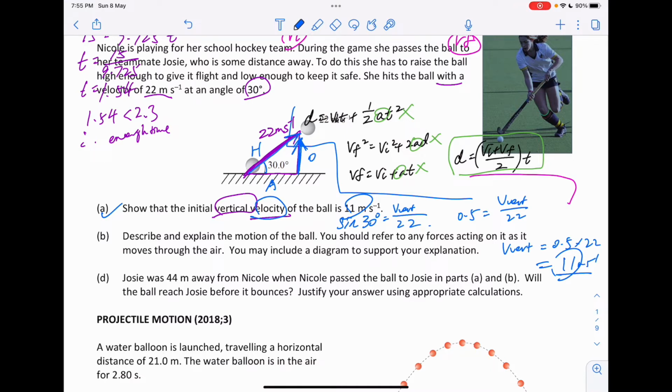So it decreases till it reaches the top of the path, and then the ball starts going downward, and the vertical velocity when it touches the ground is the same as the vertical velocity at the start, but opposite in direction. That was a horrible explanation, but I hope it helps.